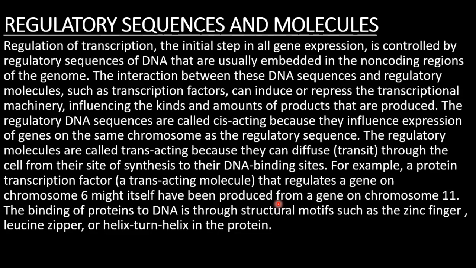So it is not regulating gene expression on the same chromosome that it was produced from. It is diffusing through the cell to regulate gene expression of another gene on another chromosome. So it is trans-acting. Now, these regulatory molecules, mainly proteins, will bind to the DNA through structural motifs such as a zinc finger, a leucine zipper, a helix-turn-helix in the protein itself.